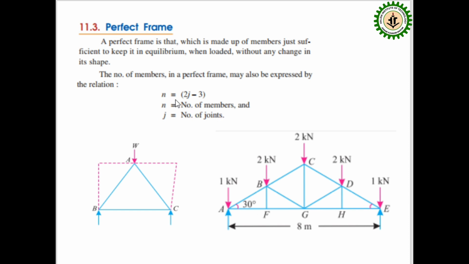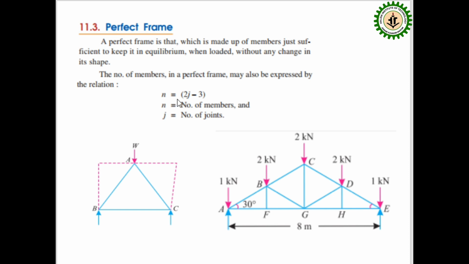So 13 equals, now we count the joints: 1, 2, 3, 4, 5, 6, 7, 8.